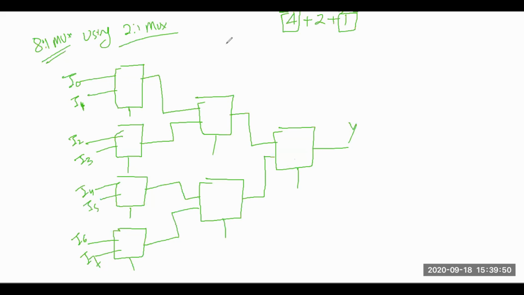Again, if you want to know what select line you need to give at which select pin, basically you need to go to the truth table. So you are giving S2, S1, and S0 as your select lines, and you are getting Y as your output.